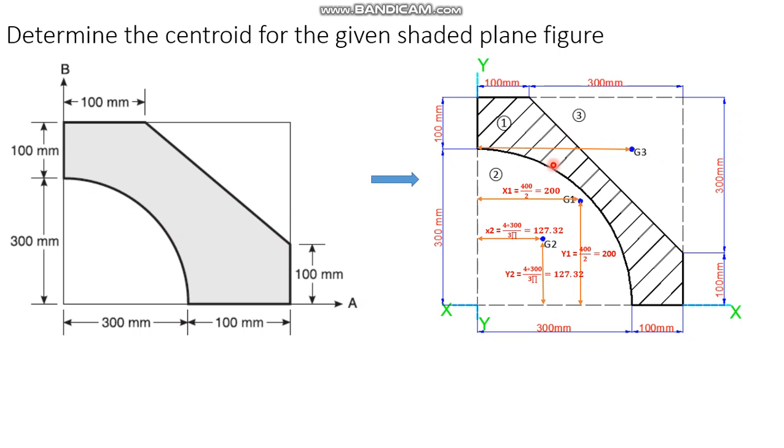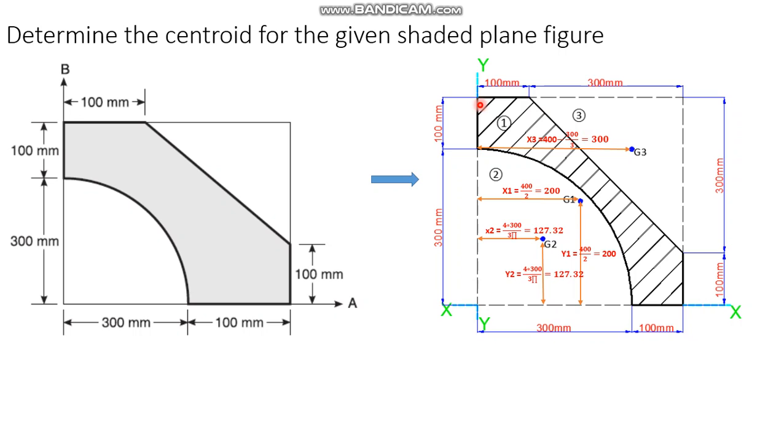The x3 distance will be from here to here: you'll have 400 minus b by 3, where this breadth is 300. We'll take 400 minus 300 by 3, you will get 300 mm. Or you can take it like this: 100 plus 2/3 of 300. 2/3 of 300 is 200, and 200 plus 100 you will get 300.